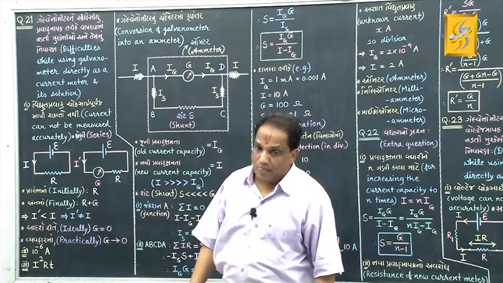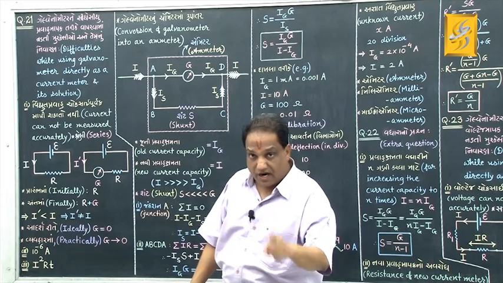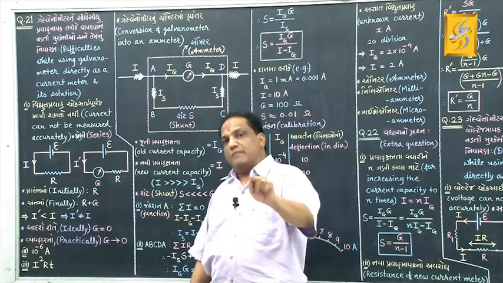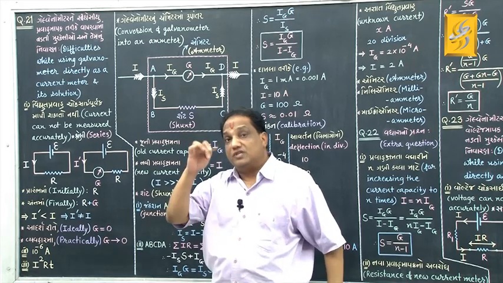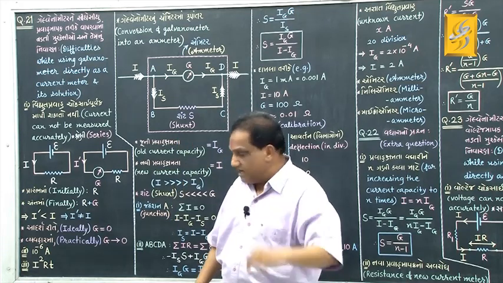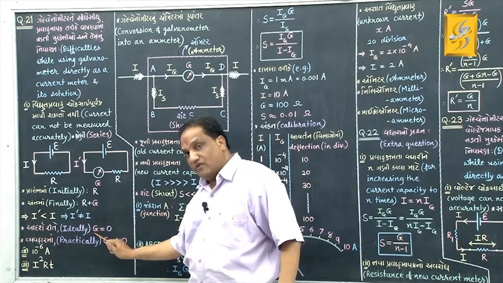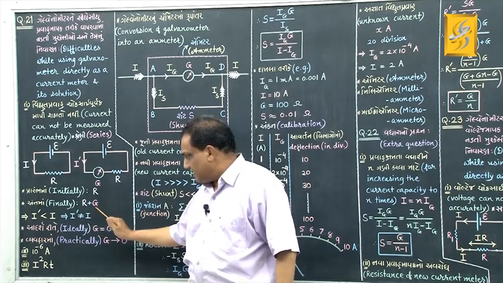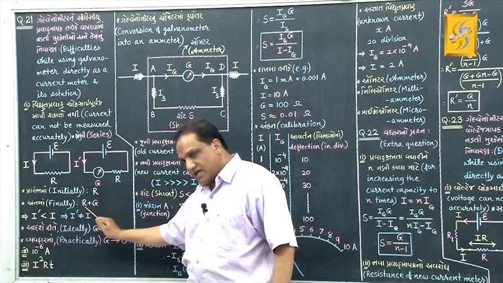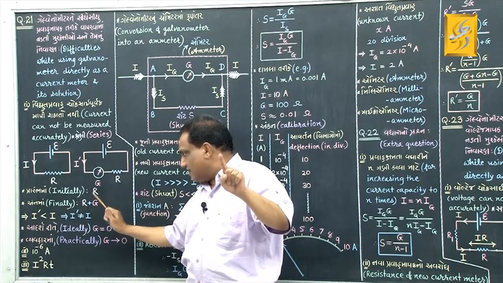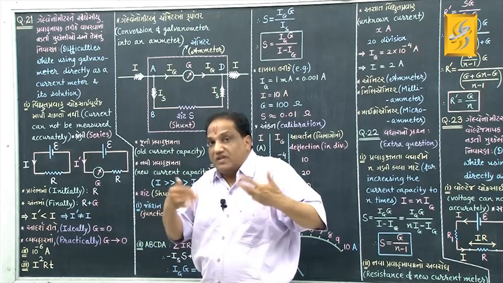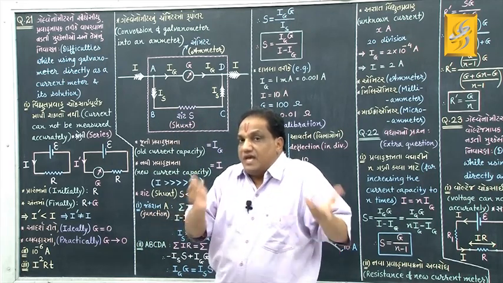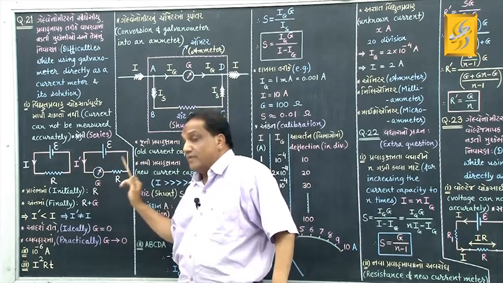Then what to do? If you want to measure current 100% accurately, then in ideal condition, you can make the resistance of the current meter 0. If ideally you think of the value of G becoming 0, then you just put that value here, correct? Then R plus 0 will be R only. So earlier also it was R, now also it is R. Even after connection of the current meter, if the resistance remains the same, then the current passing through the battery will also remain the same.